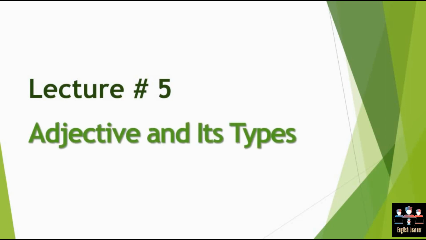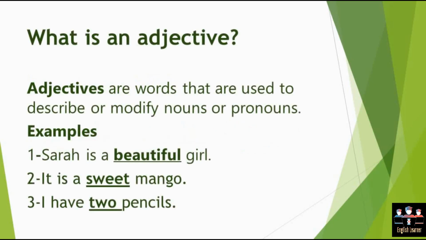Today we are going to have our lecture number 5 and it is all about adjective and its types. Before moving towards the lecture, let me just describe that adjective is actually the quality of a noun or a pronoun. Means adjective is always related to a noun or a pronoun in a sentence. Let us deal with the adjective definition at first.